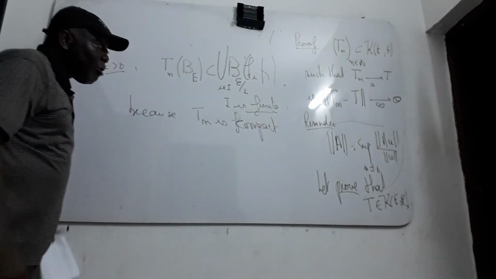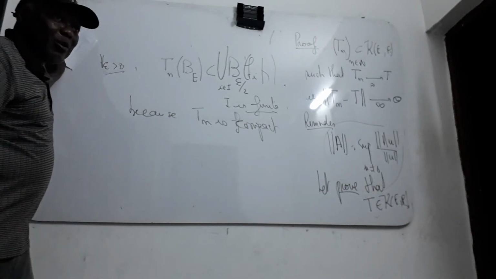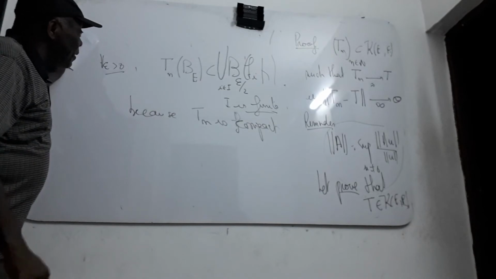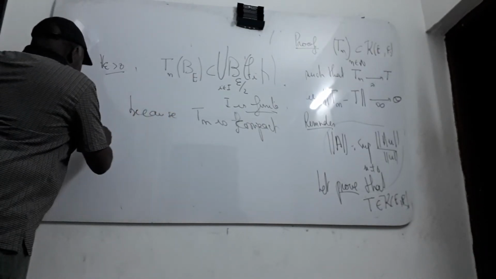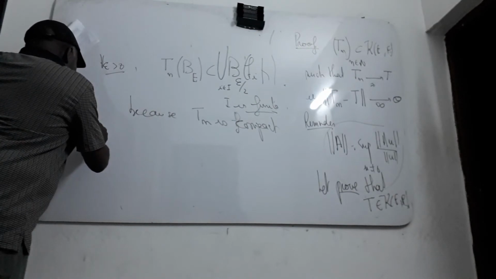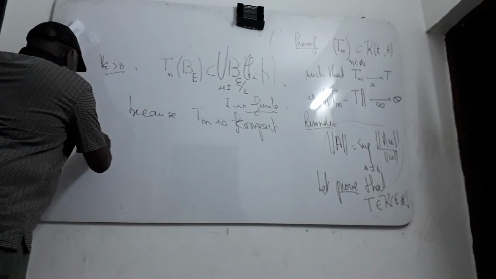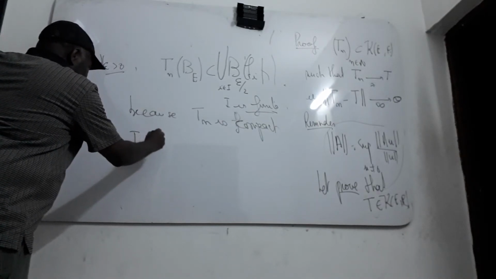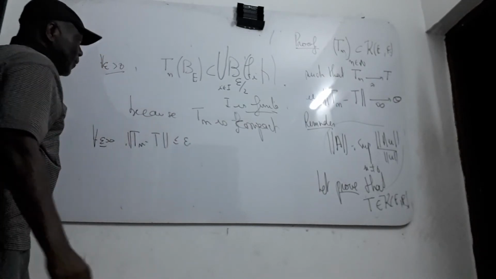And this one is compact, that means that Tn has a finite covering subset of this one. And suppose that some Tn, like this, satisfies ||Tn - T|| < epsilon.